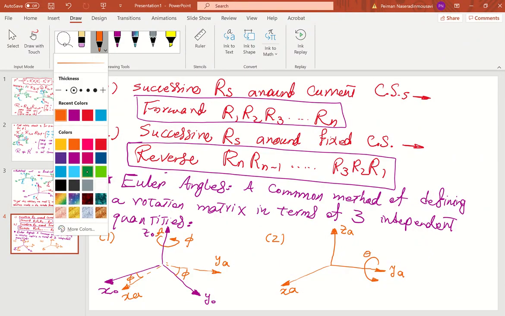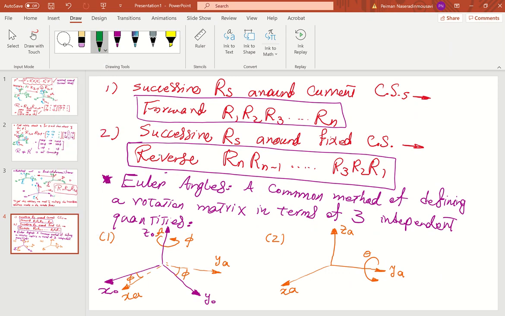Let me change the color to green. So you're going to have xb and zb. Here you're going to have theta again, and here theta again. That's right.